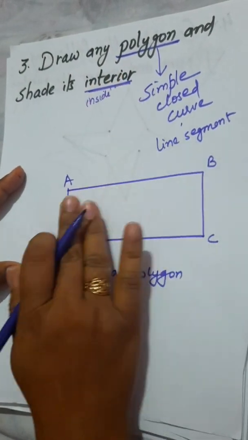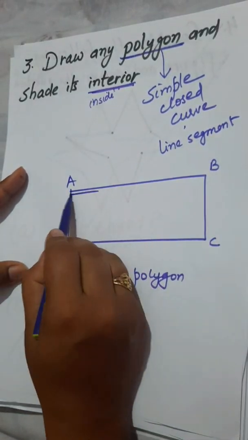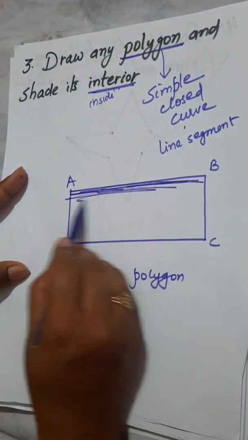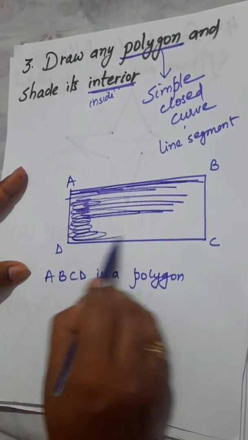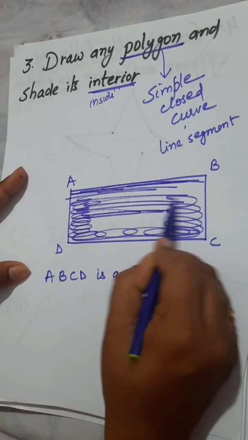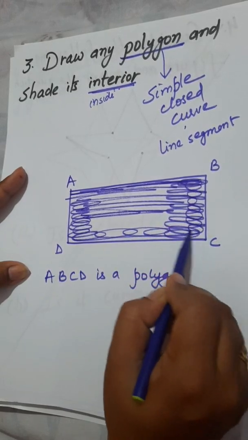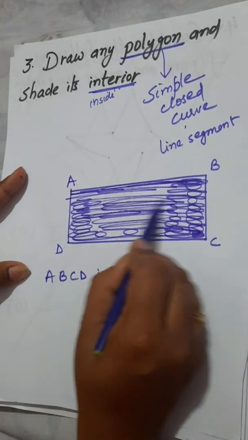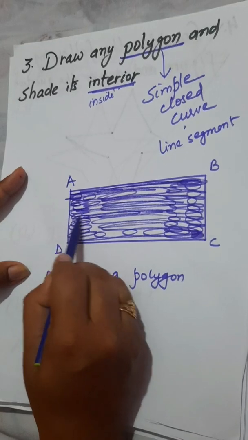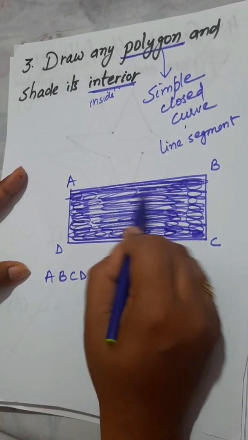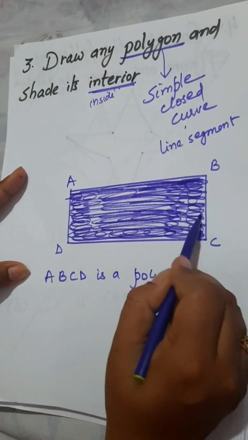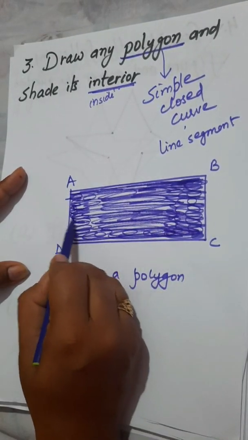This is the interior portion of the polygon you have to shade. You just shade the interior part, completely shade with the help of a pencil.